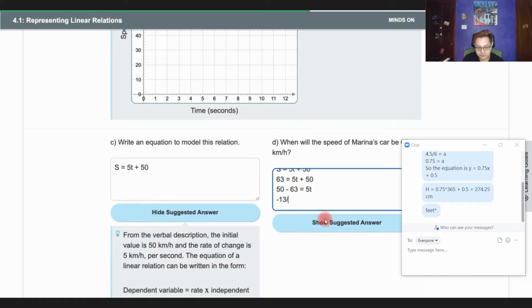Then you divide by 5, and then it's t. So 13 divided by 5 is 2.6 equal t.